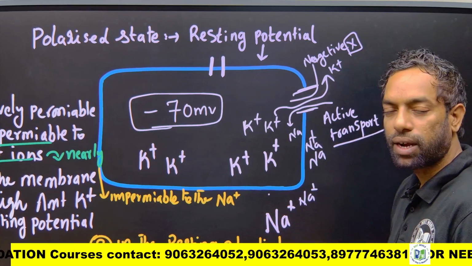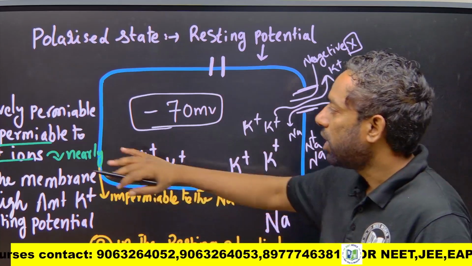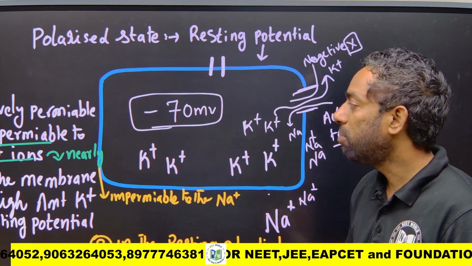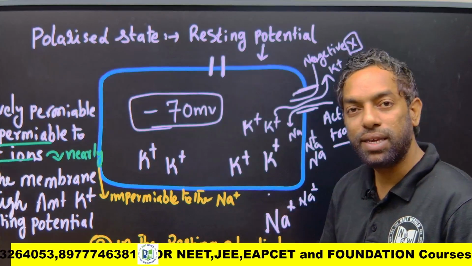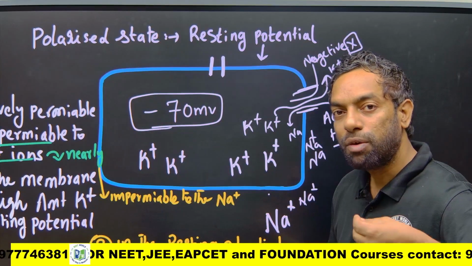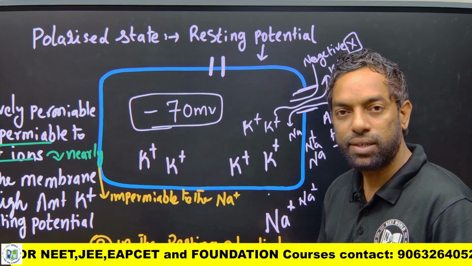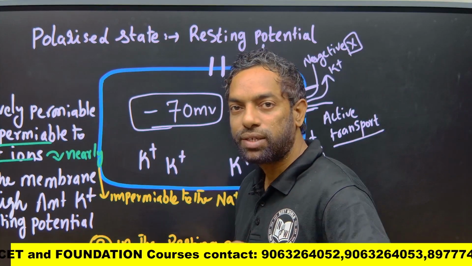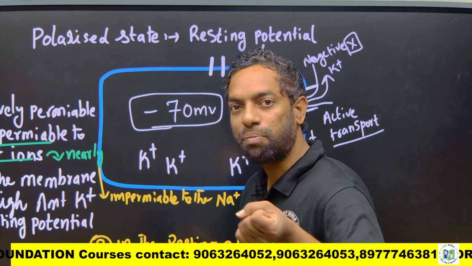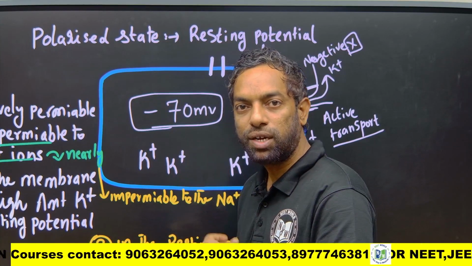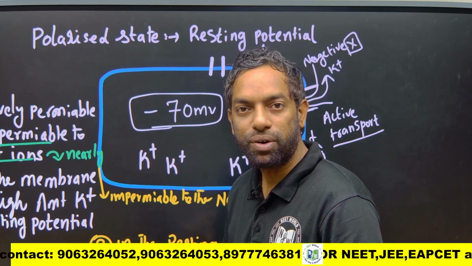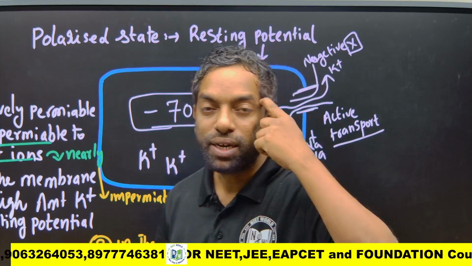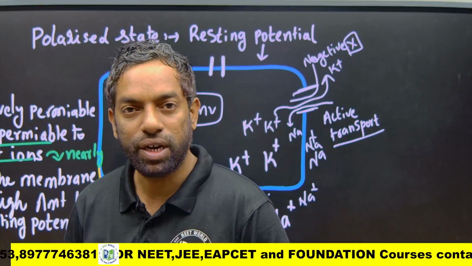These are the conditions where the axonal membrane is selectively permeable. There are many potassium ions inside the cell, and outside the cell there are sodium ions. Inside the cell the potassium ions are permeable to go out, and sodium ions are almost impermeable to enter. Negative ions like proteins inside the cell are not allowed to leave.